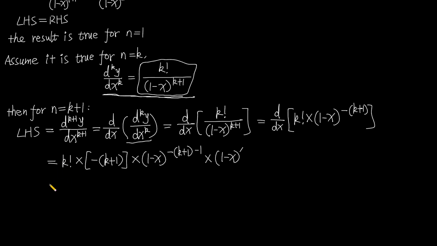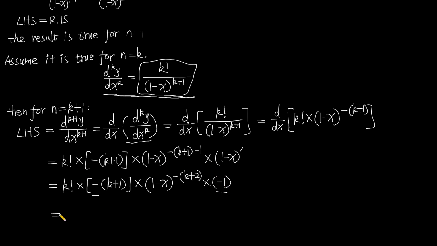Then go ahead. This equals k factorial multiply negative (k plus 1) multiply (1 minus x) to the power of negative k plus 2, multiply -1. So here is -1 multiply -1 equals 1.